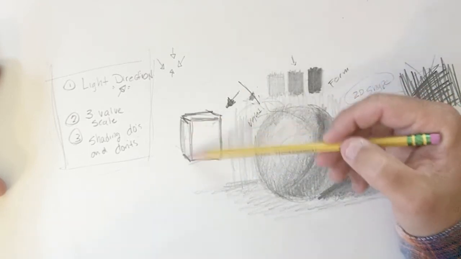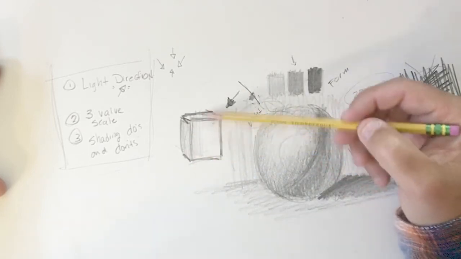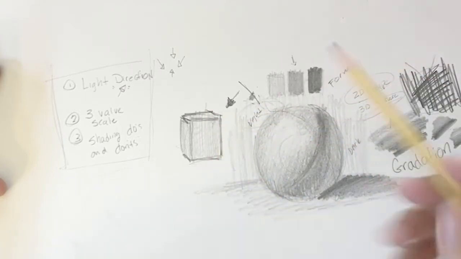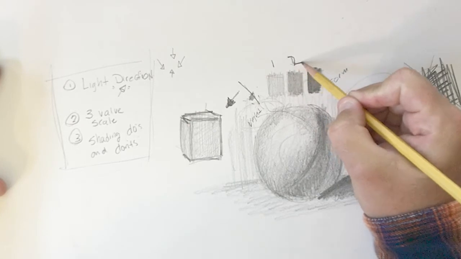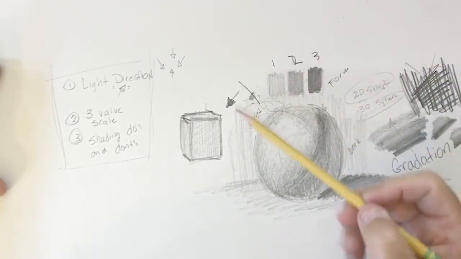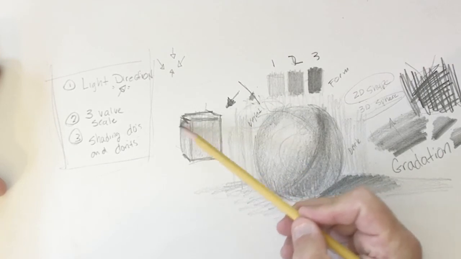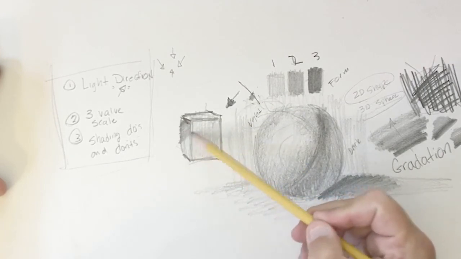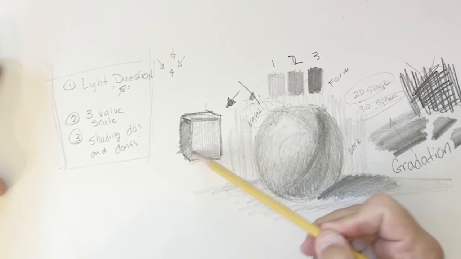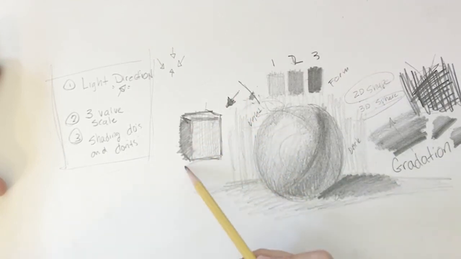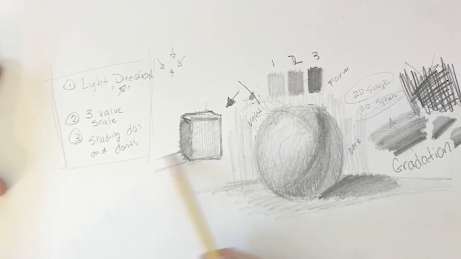So here's how I do that. I'm going to shade in the whole box with a simple number 1 value. Okay, number 1 being here, number 2, number 3. Now this side is away from the light source, right? So I know that's going to be my darkest side. That's going to be around my number 2. Okay. And I'm going to draw in a shadow shape.